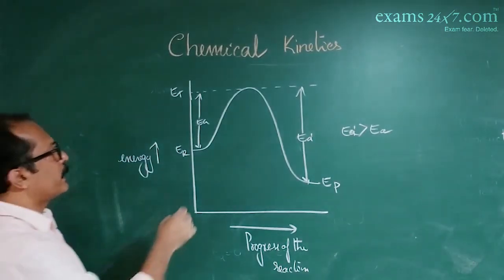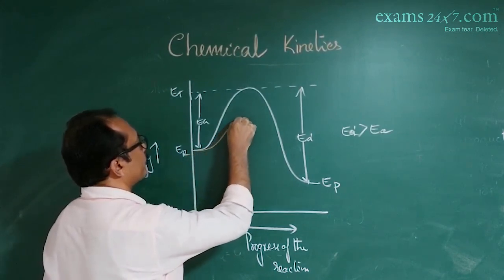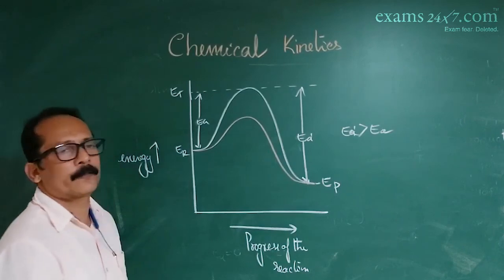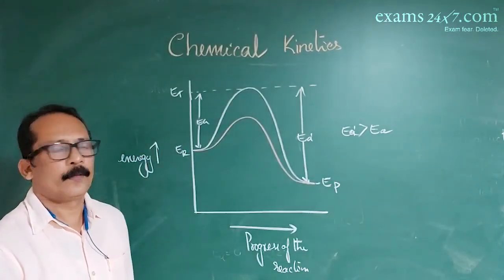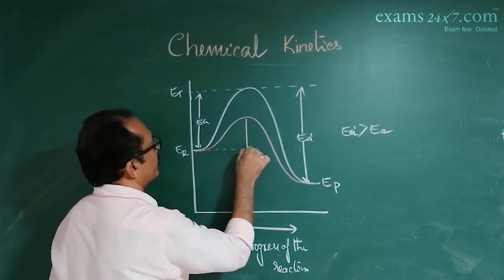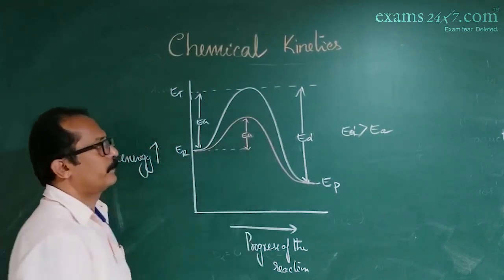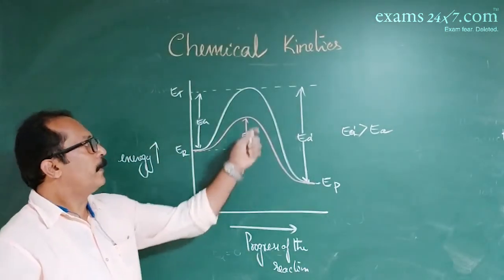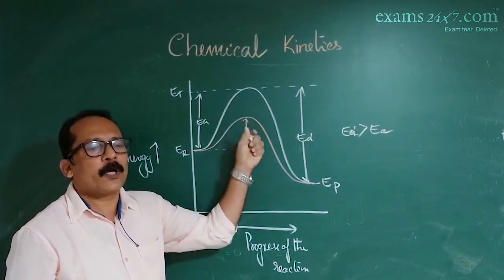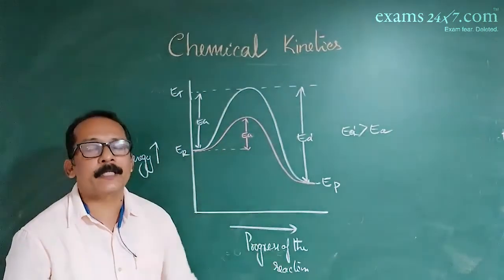And if reaction is carried out in presence of positive catalyst, it provides an alternate path by decreasing energy of activation. So, in presence of positive catalyst, energy of activation decreases, rate of the reaction increases.